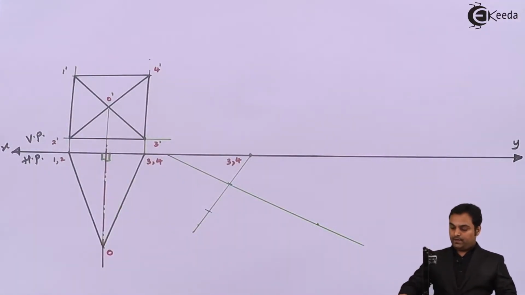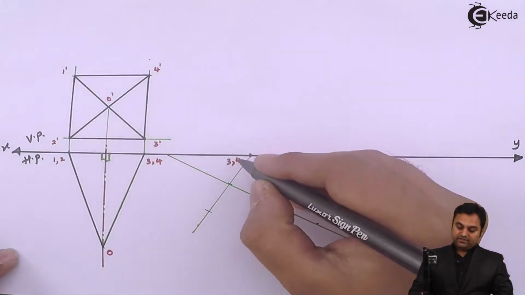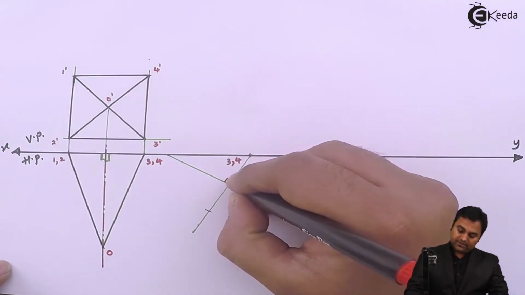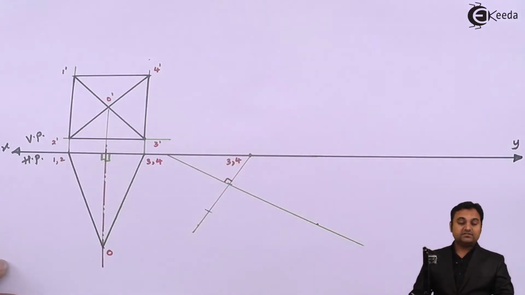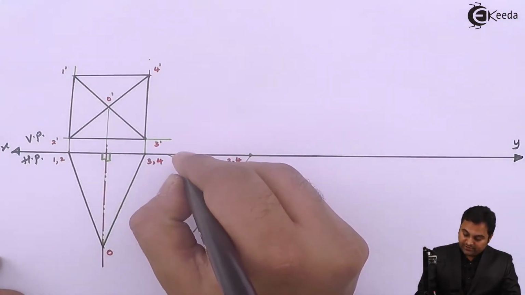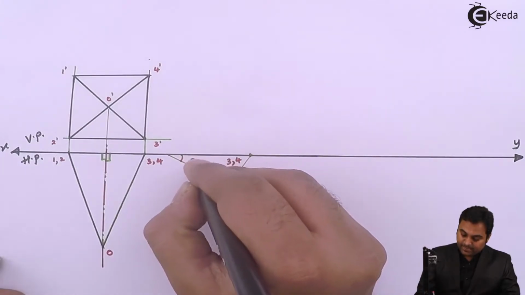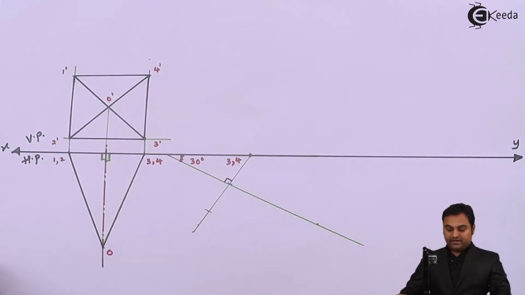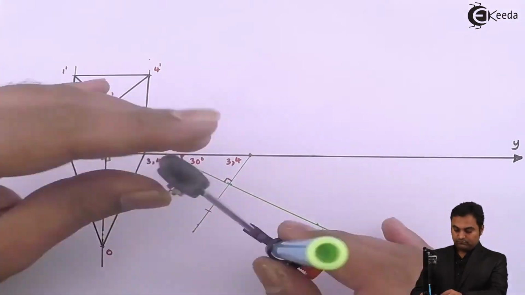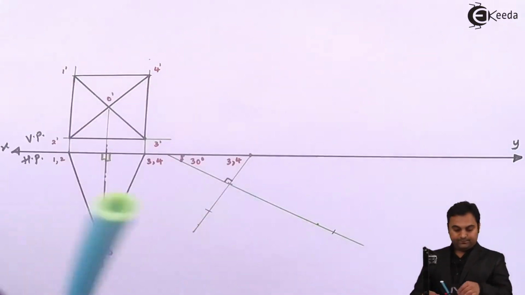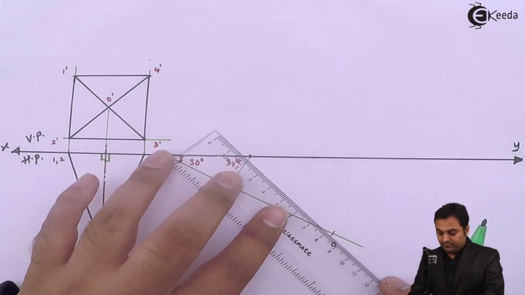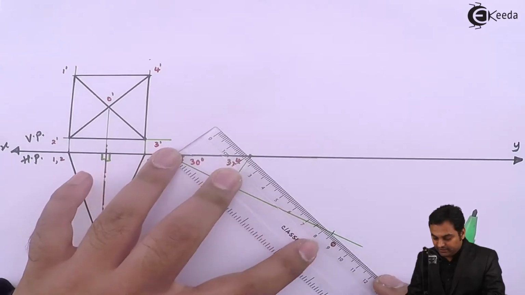Since I have made the base inclined at 60 degree, and the angle between the base and axis is 90, the remaining angle is 90 minus 60, that is 30 degree inclination of the axis. Next, after that, I'll measure the axis height and plot it here. So drawing the inclined pyramid light, and then I'll make it dark.